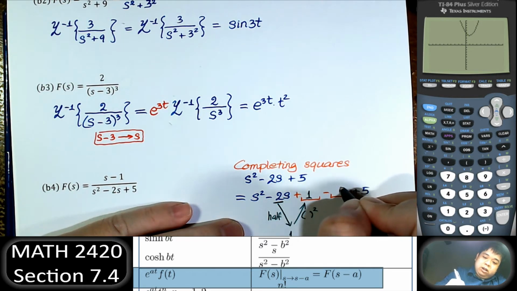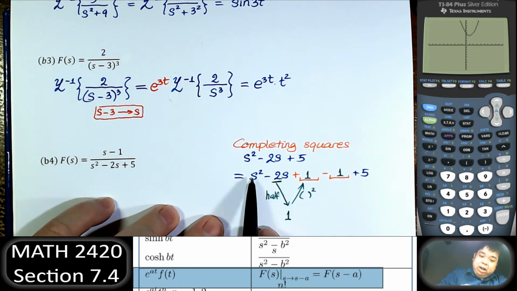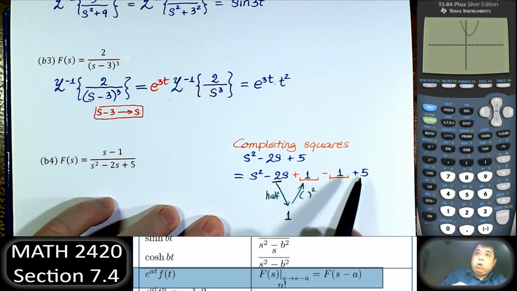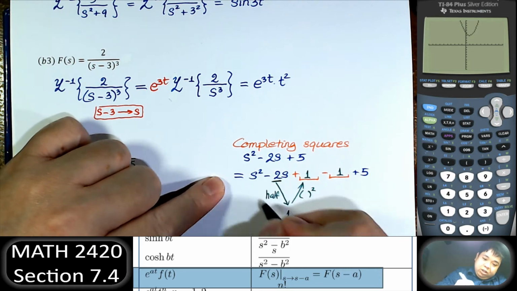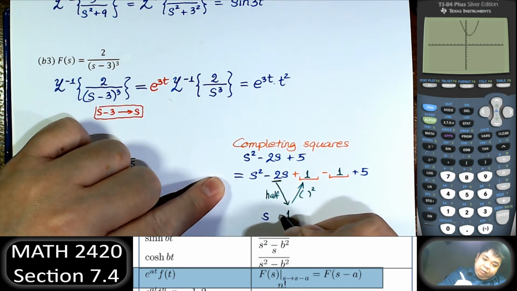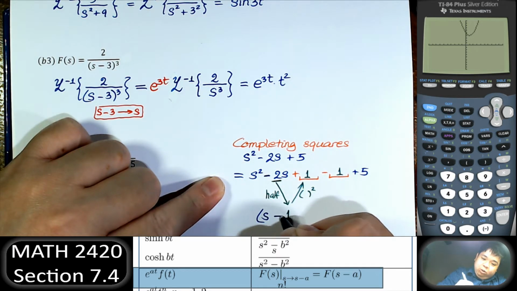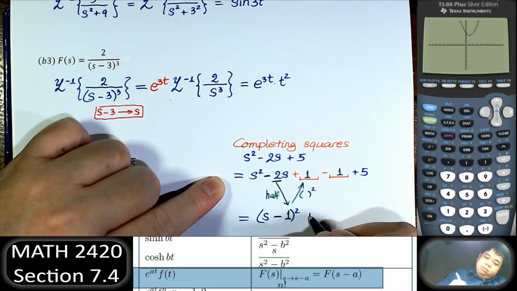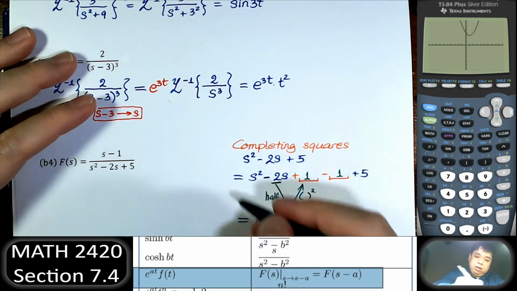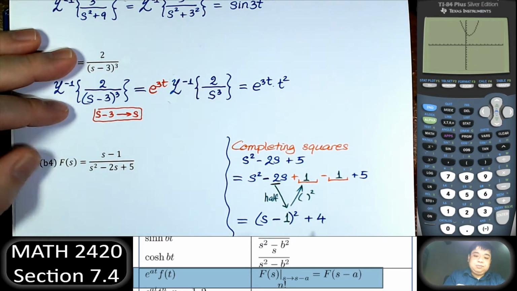So we add 1 and have to subtract 1. Let me rewrite this: s squared minus 2s plus 1 minus 1 plus 5. Now the first three terms will be a complete square, and we just carry the rest down: minus 1 plus 5 is plus 4. So completing the square of s squared minus 2s plus 5 gives that.